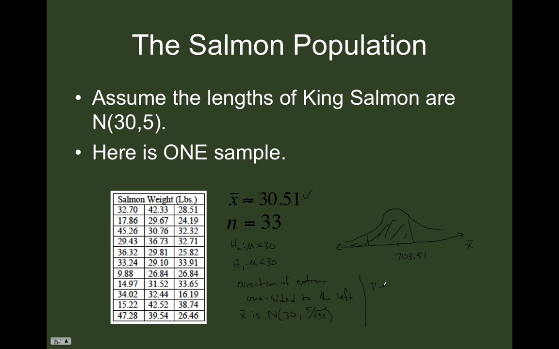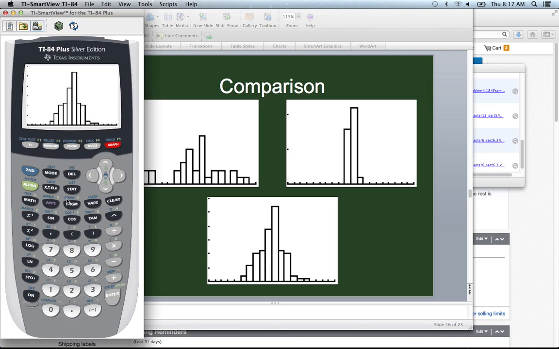So the p-value here, and again, this is all based on the fact that the direction of extreme is one-sided to the left. So we're going to use normal CDF. Lower limit, negative E99. Upper limit is the sample mean now. Mu is 30. Standard deviation we're going to adjust: 5 divided by the square root of 33. So let me get the calculator out here, and we'll actually calculate this p-value. Second vars for the distribution menu.